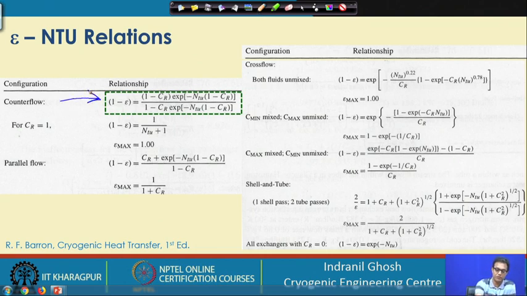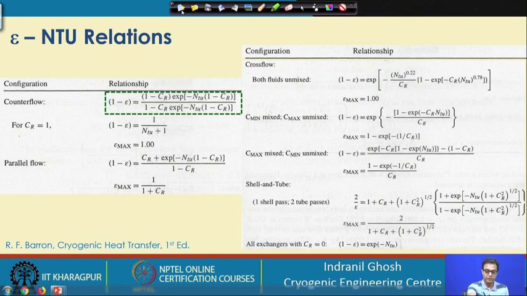It is the same as before, except that the NTU and CR are on the right hand side as known, and 1 minus epsilon is on the left hand side. So, if the NTU and CR are known, we can directly calculate the epsilon from this expression. Like the counter current and parallel flow heat exchangers, we have corresponding equations for cross flow, shell and tube and all exchangers.